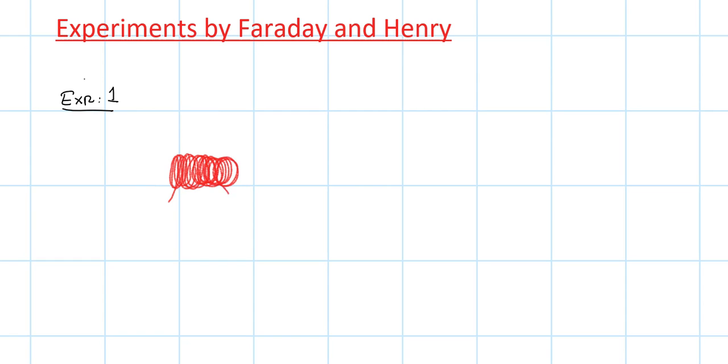Here we have a solenoid wound n number of times, where n is the number of turns on the entire solenoid, and let capital L be the length of this solenoid.